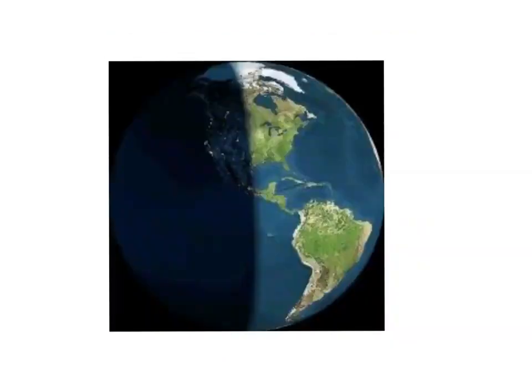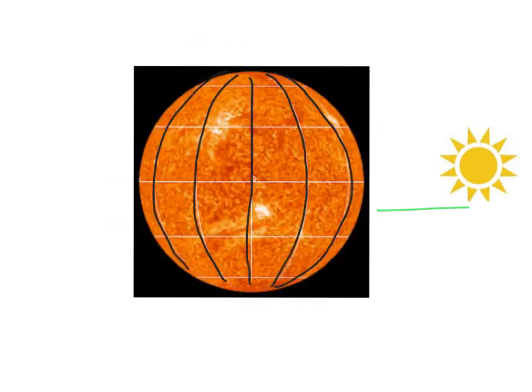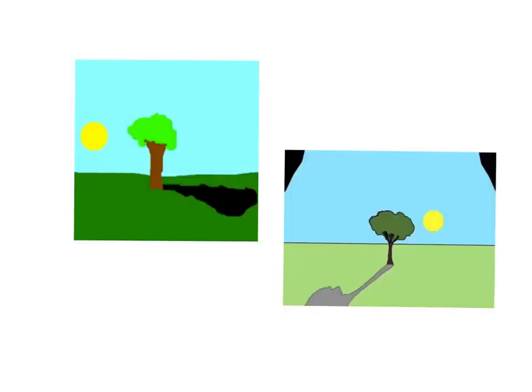The earth rotates and this causes day and night. You know this. The earth rotates from west to east. That is why we see the sun rising from the east, right? And every longitude faces the overhead sun once in 24 hours. Our great grandfathers used to calculate the time according to the shadow.